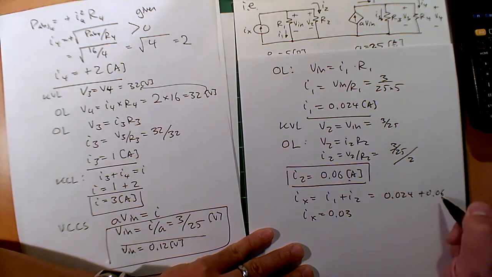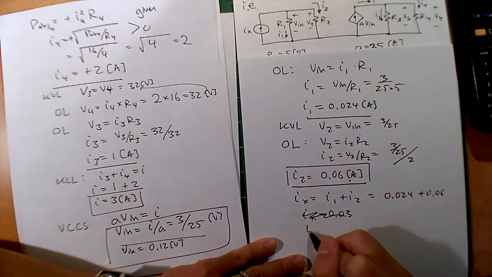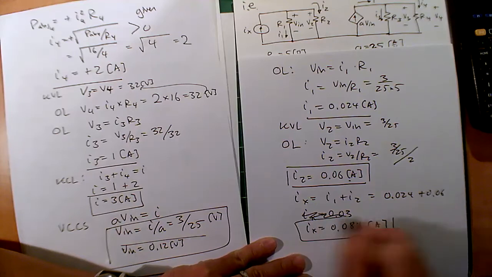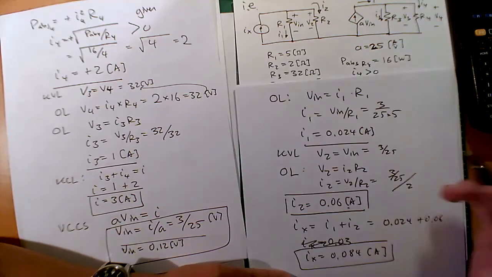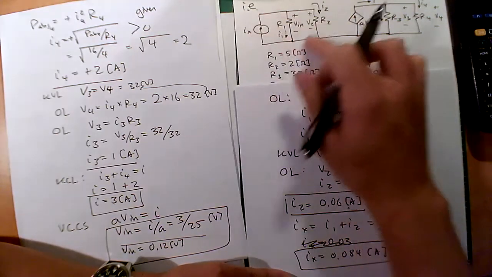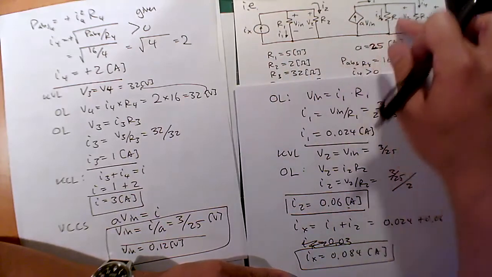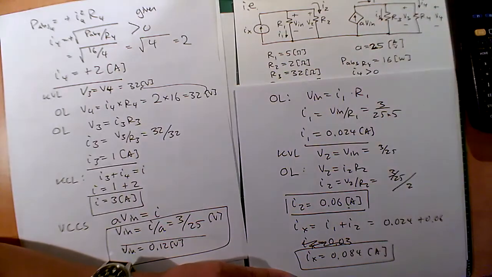So IX is equal to 0.084 amps. Okay, smaller current, but maybe the idea is that this is like some control circuitry with some smaller currents, and this is kind of like the output with some bigger currents, right? All right.